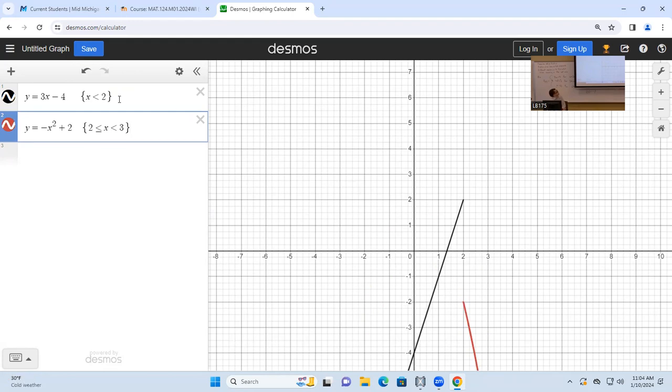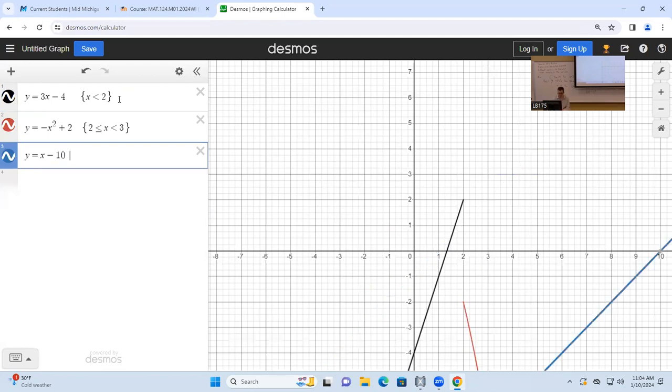Again, just use set brackets there. And then we want our output to be defined by x minus 10 for x bigger than or equal to 3. There you go.